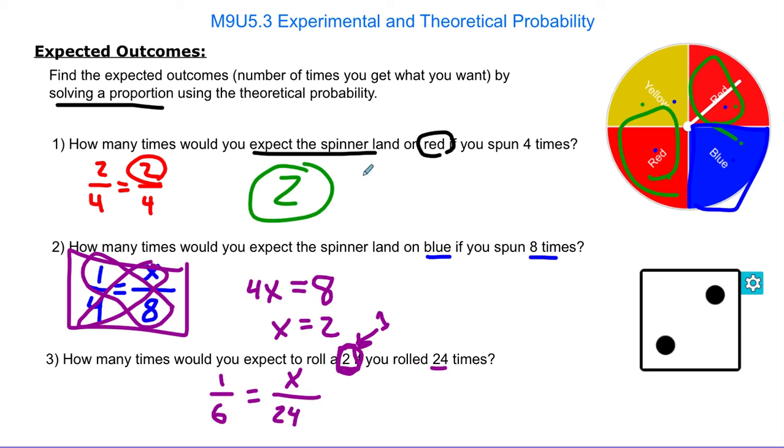And so you'd say, all right, well, let's do a little cross multiplication and say, I know that 6x in a proportion, oh, that was a bad choice, 6x should equal 24. And then you divide both sides by 6, and you would expect 4 2's to come out of this. So this really means I would get a 2 4 times, right? And this is the basis of gambling. Great. All right.